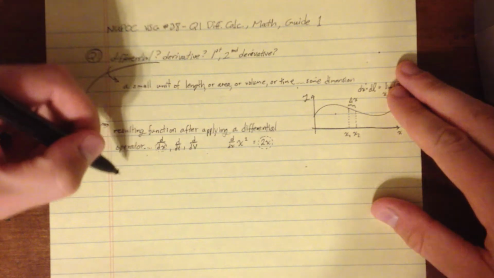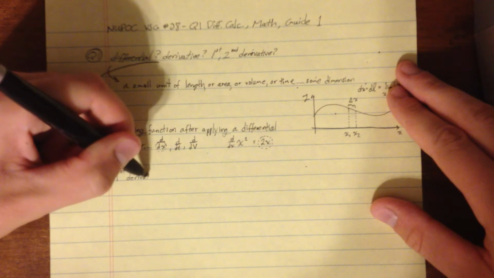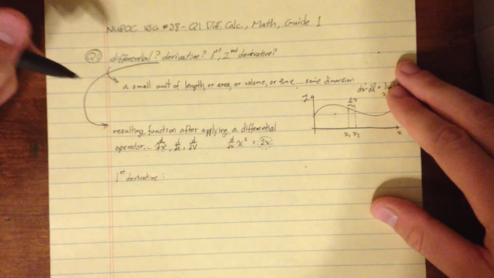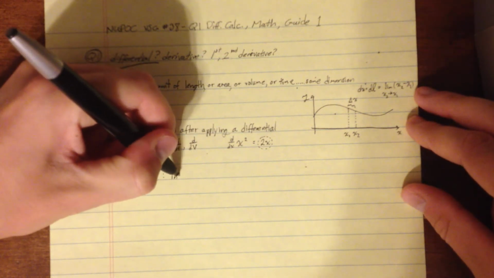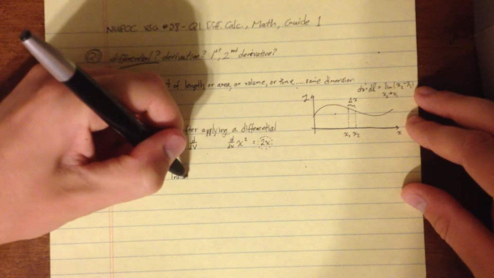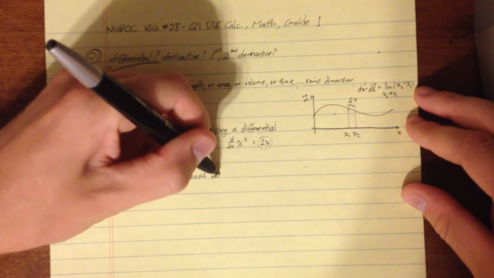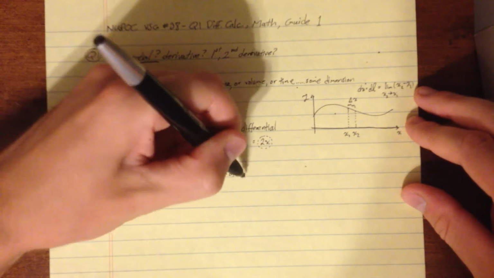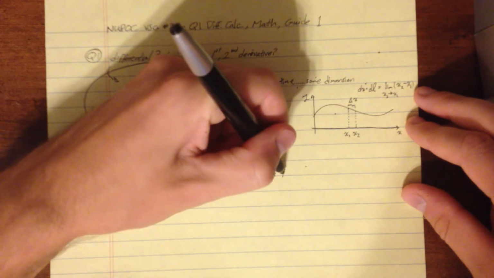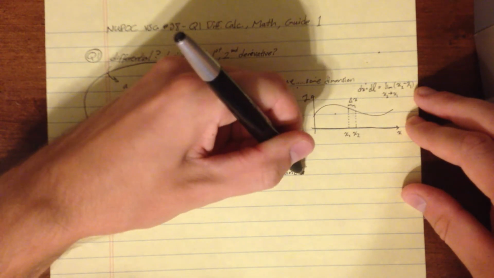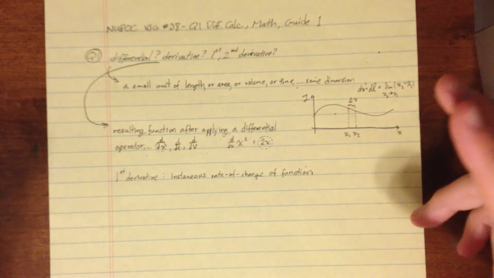So what about the first derivative? Well, it can be used to find the instantaneous rate of change of a function. So we can evaluate it at a point and find the rate of change of the function at a very specific point.